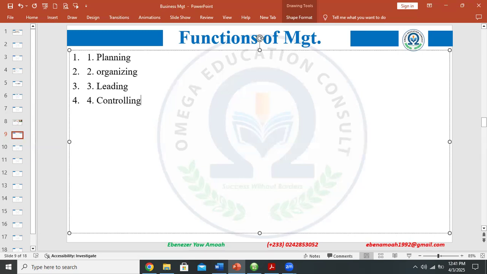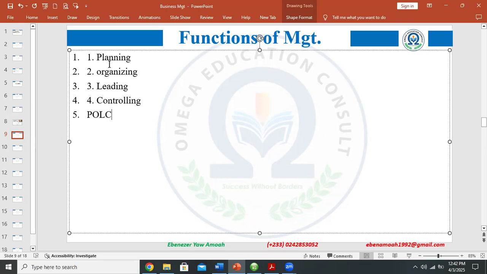So these are the four basic functions of management. Okay, for the purposes of remembering, you can shorten this to be POLC, right? So these are the basic functions of management.